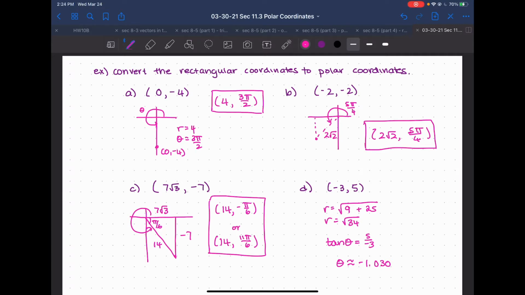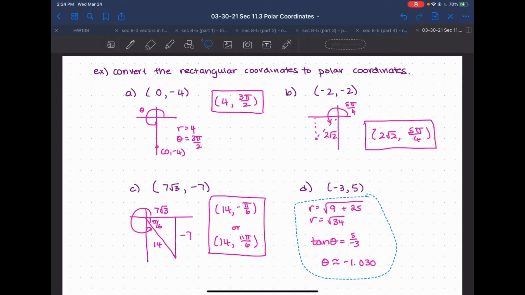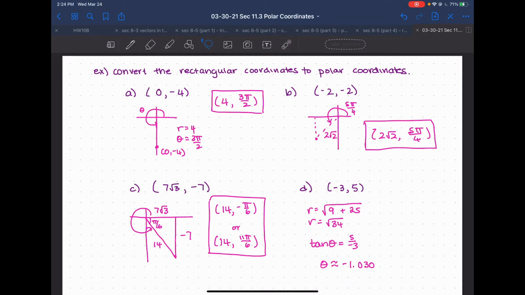Now, we do have to be careful. Let's think about this one. I'm going to move this over slightly. Think about which quadrant you're in. So (-3, 5), we are actually in quadrant 2. However, this answer that we got for theta, where do you think this is?